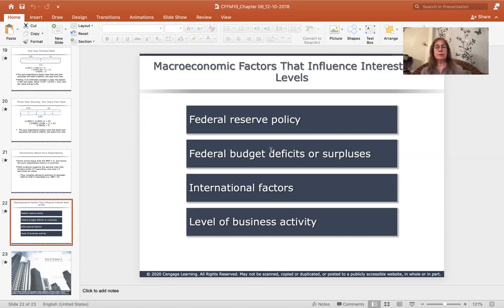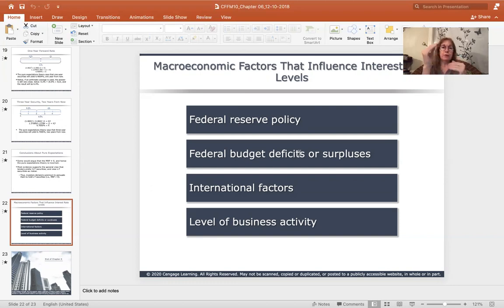Whether the government has a deficit or a surplus matters too. The government has had deficits for a long time, and for the foreseeable future, we're going to have deficits. What happens with federal deficits is you have what's called a crowding out effect.